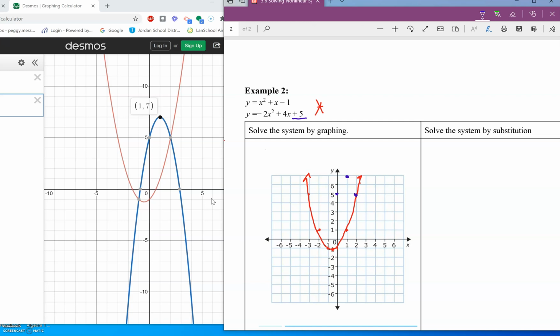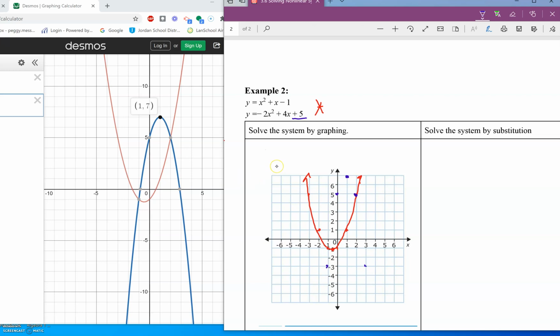If we put in a negative 1, negative 1 squared is 1. 1 times negative 2 is negative 2. Negative 2 take away 4 is negative 6. Plus 5 is negative 1. That would mean we have this point over here.